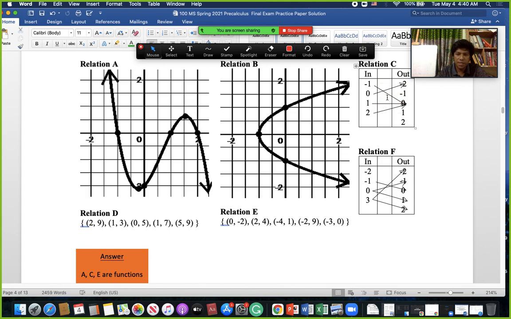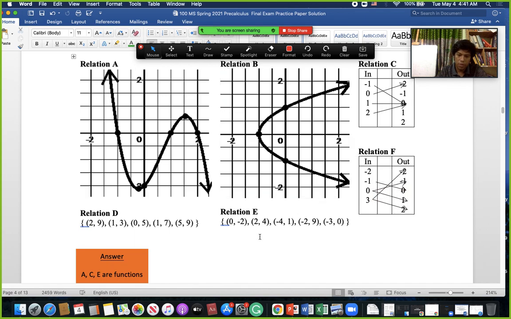Here, relation C is actually a function, because as you can see, every input is associated with 1 output. Unlike this one, where 3 is associated with 2 outputs, minus 1 and plus 1. So that's why it is not a function.